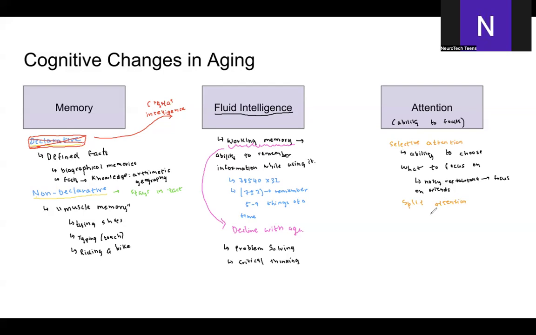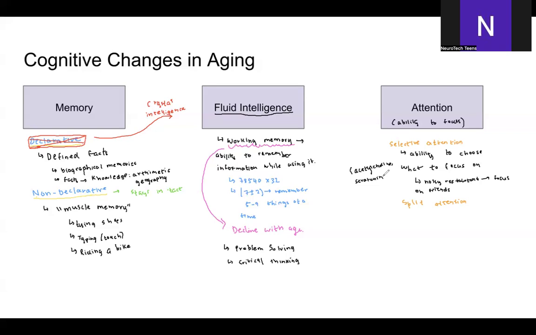So the thing is, as you grow older, it becomes really hard to really narrow in on a certain stimulus, right? And that's because the neurotransmitters as well as neurons associated with this focus are actually some form of acetylcholine and serotonin.